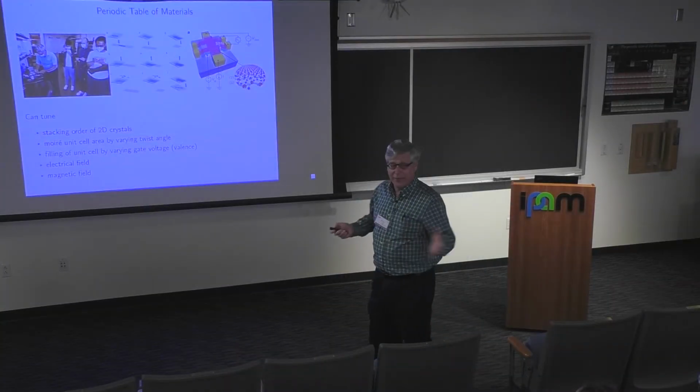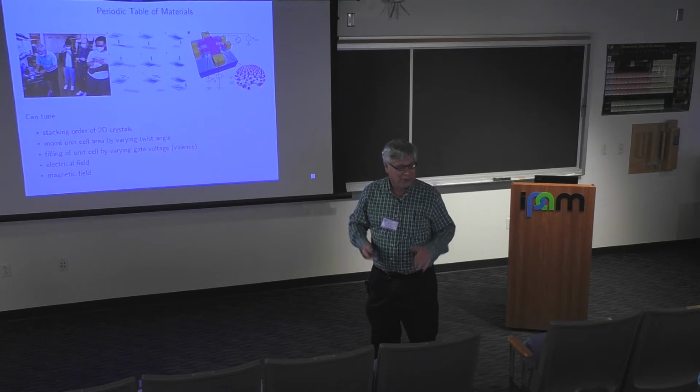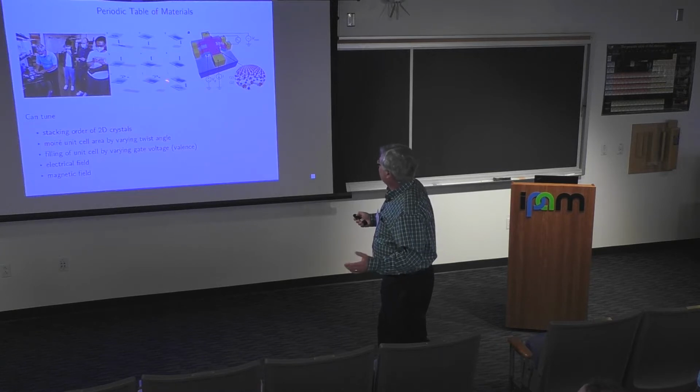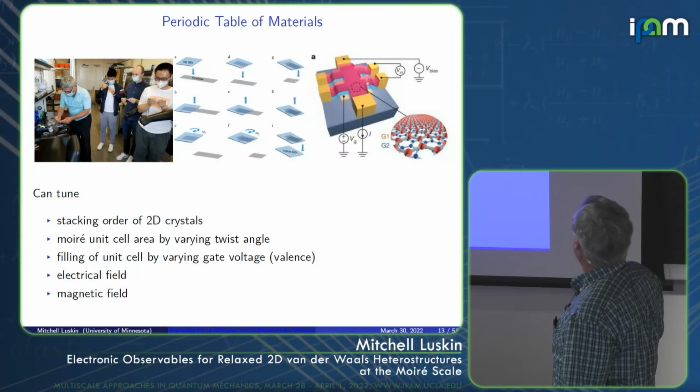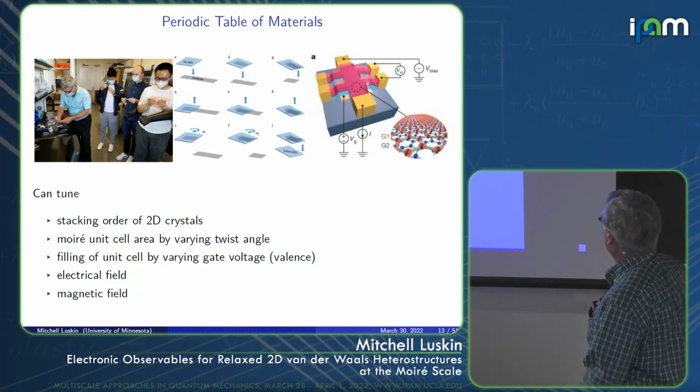What's really neat about this subject is you can go next door and these guys can do amazing things, with amazing control, and we're assisting a little bit, you might say. And here's a little cartoon of a device of a 2D material.